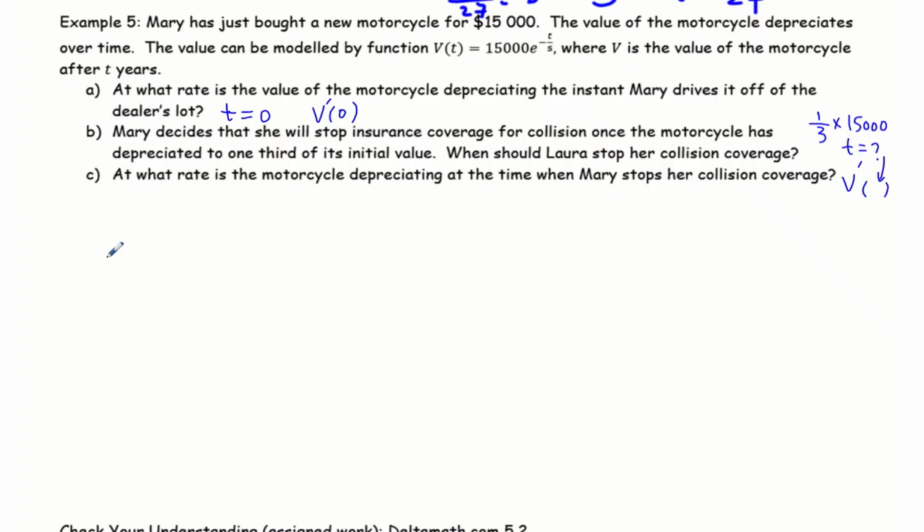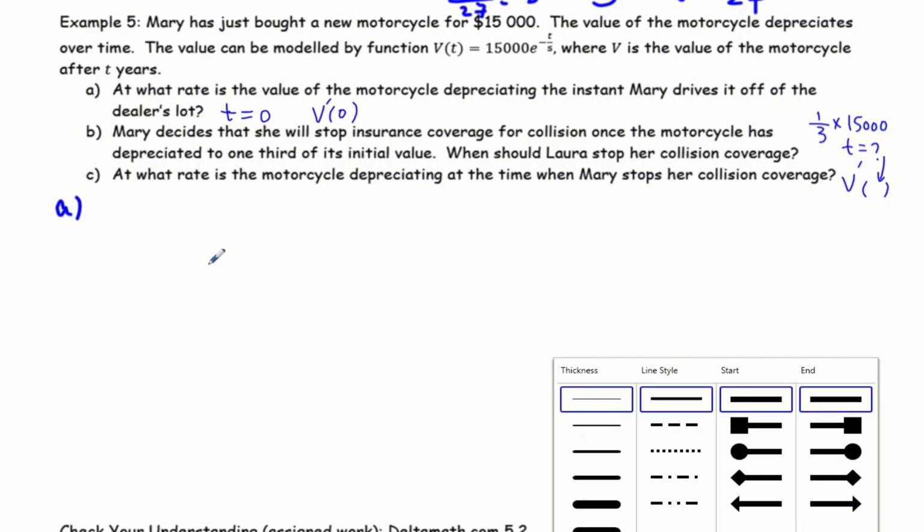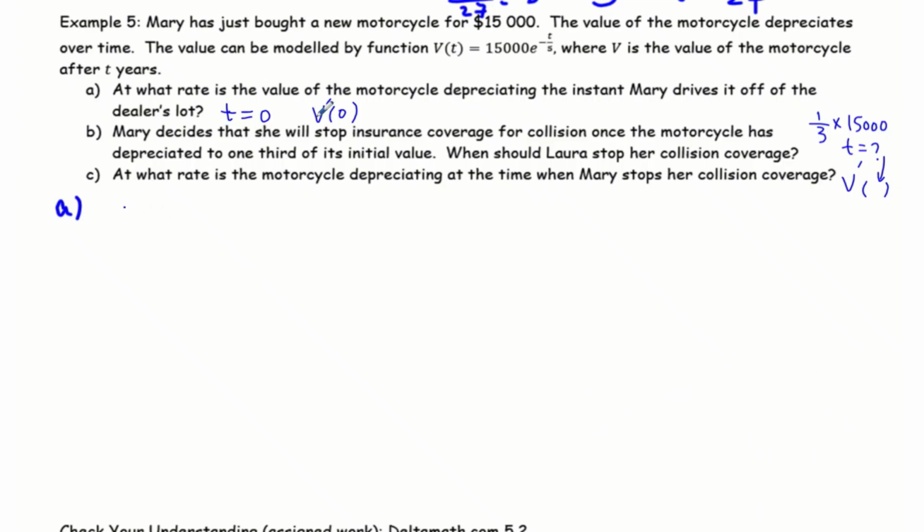Okay, so we want to start with question A. When t equals 0, v prime equals what? So we start from v prime. V prime of t equals, the constant will not change, so it's 15,000 times e, then chain rule.